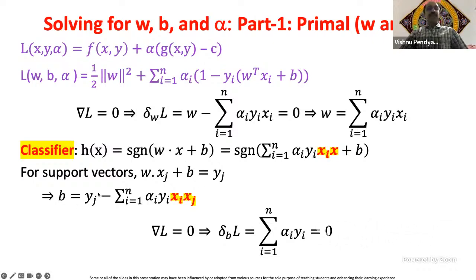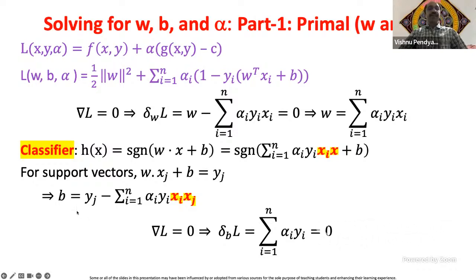So another way to find b is to look at the support vectors. For support vectors, this equality holds good: w transpose x plus b is equal to yi, right? If they are on the left margin, yi is -1, and on the right margin, yi is +1. So this equality holds good in both cases.